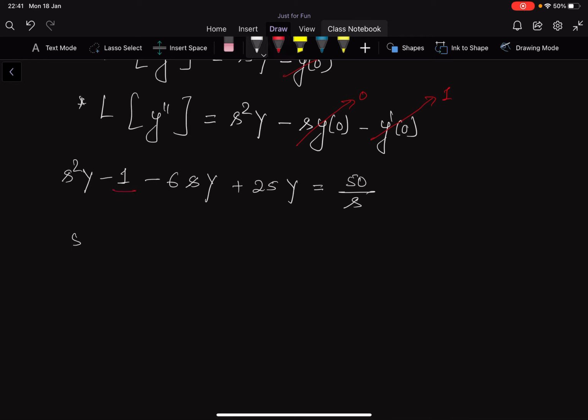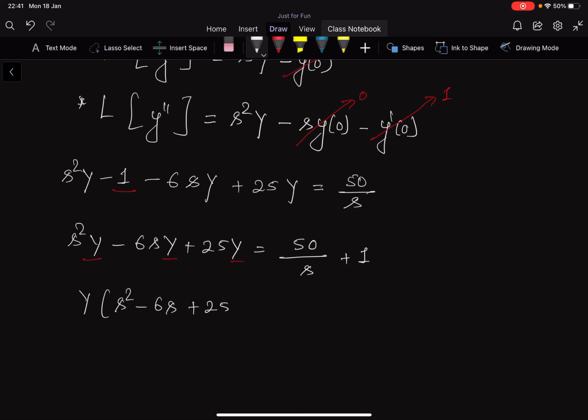Once we have this, we can transfer this minus 1 to the other side, and we'll get s squared Y minus 6sY plus 25Y equals 50 over s plus 1. On the left-hand side we can take Y common, because everywhere is Y, so we'll get s squared minus 6s plus 25.